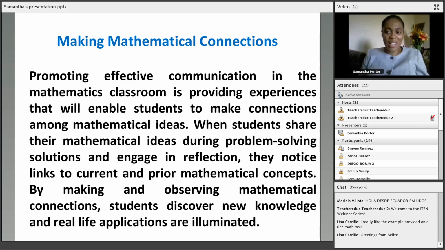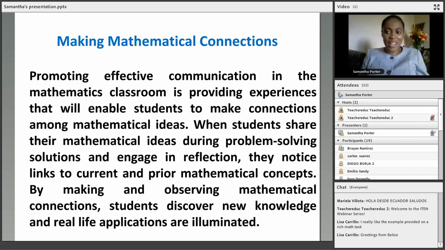When students share their mathematical ideas during problem-solving solutions and engage in reflection, they notice links to current and prior mathematical concepts. By making and observing mathematical connections, students discover new knowledge and real-life applications are illuminated.